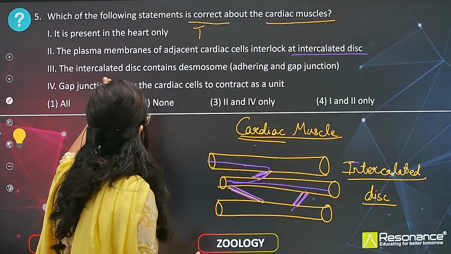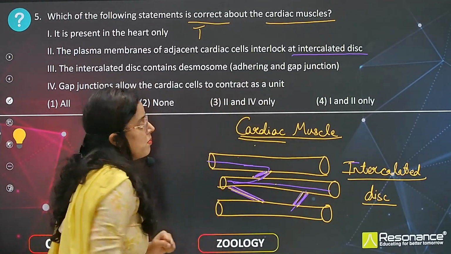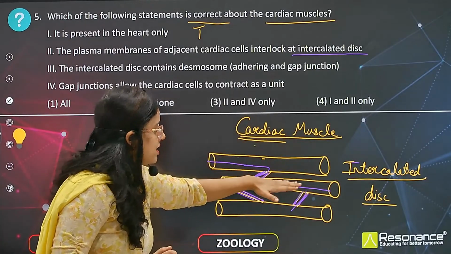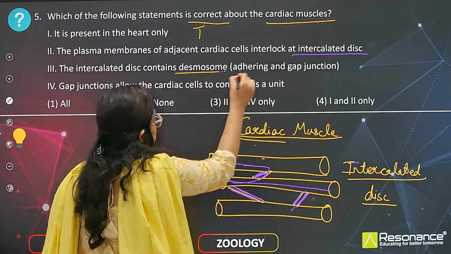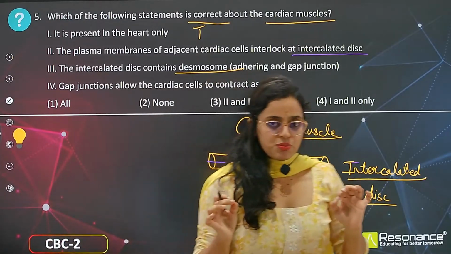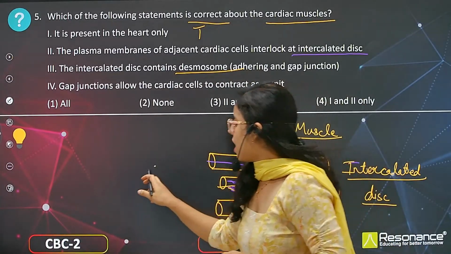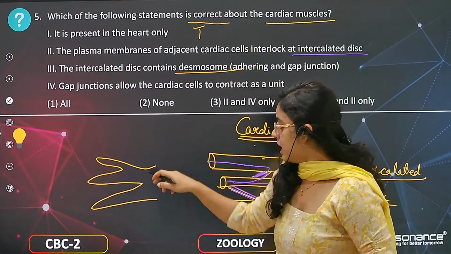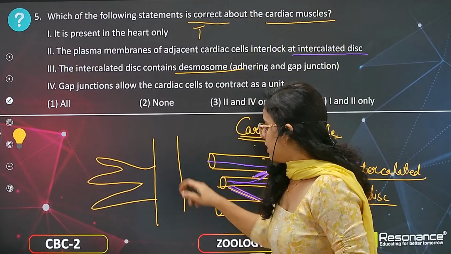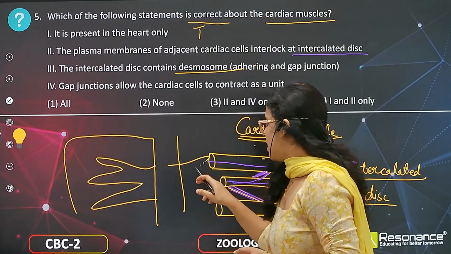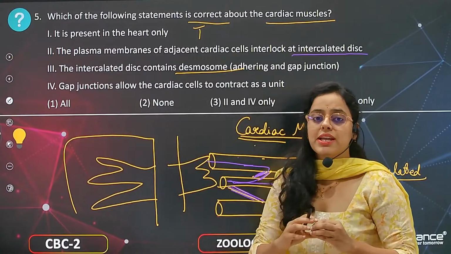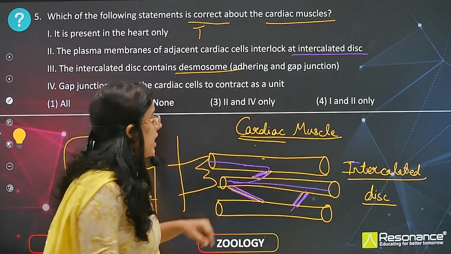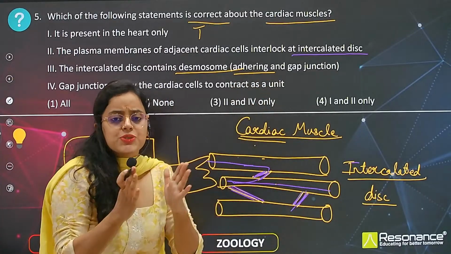Now the intercalated disc contains desmosomes, which means the junction between one muscle cell and the other cell is desmosome, and we have discussed desmosome junctions, that they are plasma extensions of one cell to the other cell. If you see, this is one cell, and this is the other cell. So the plasma extension of one cell to the other cell is called desmosomes. They are very closely attached to each other, muscle cells.